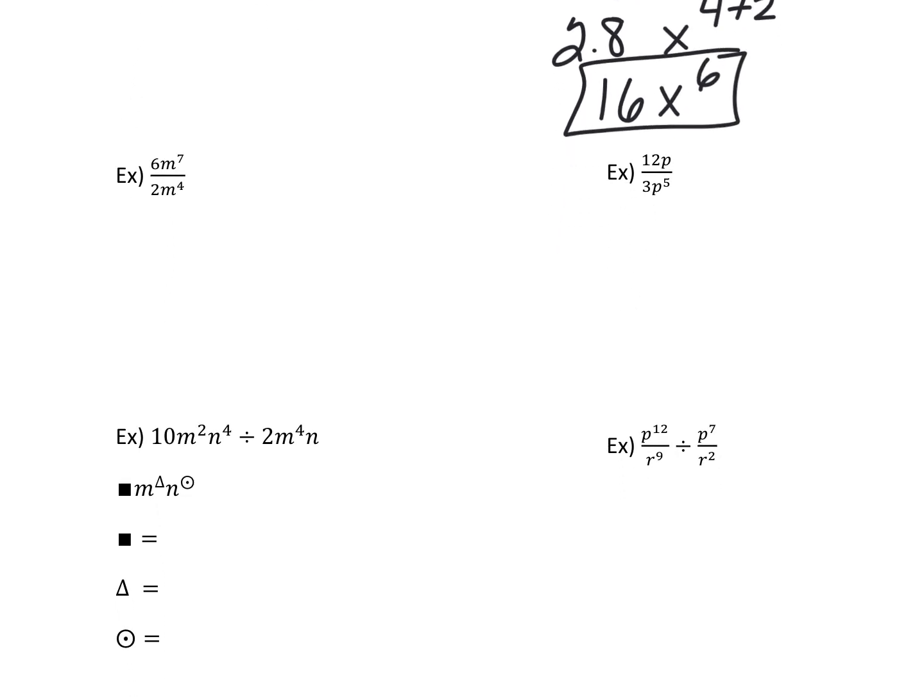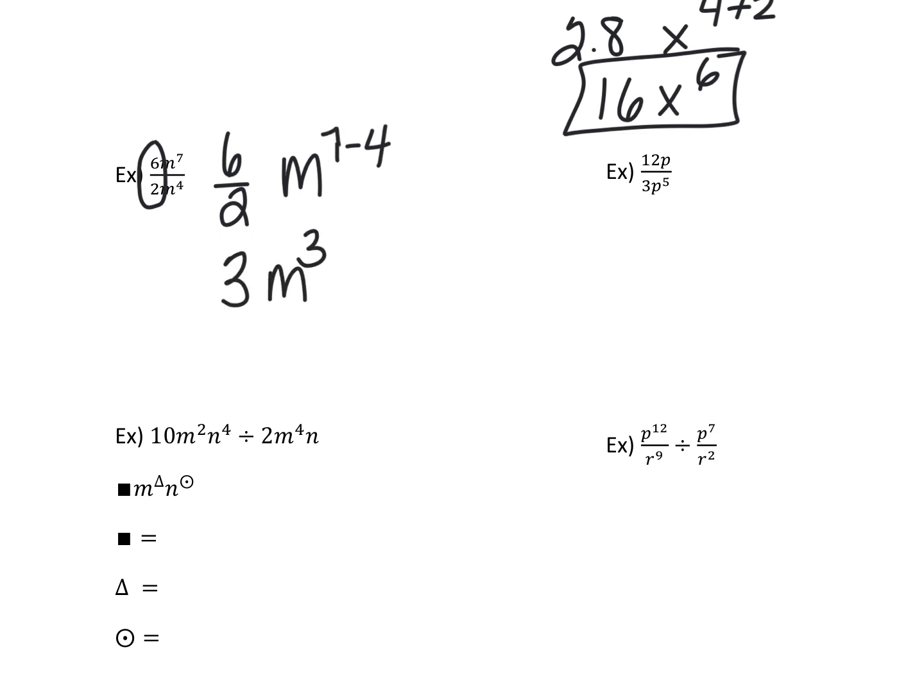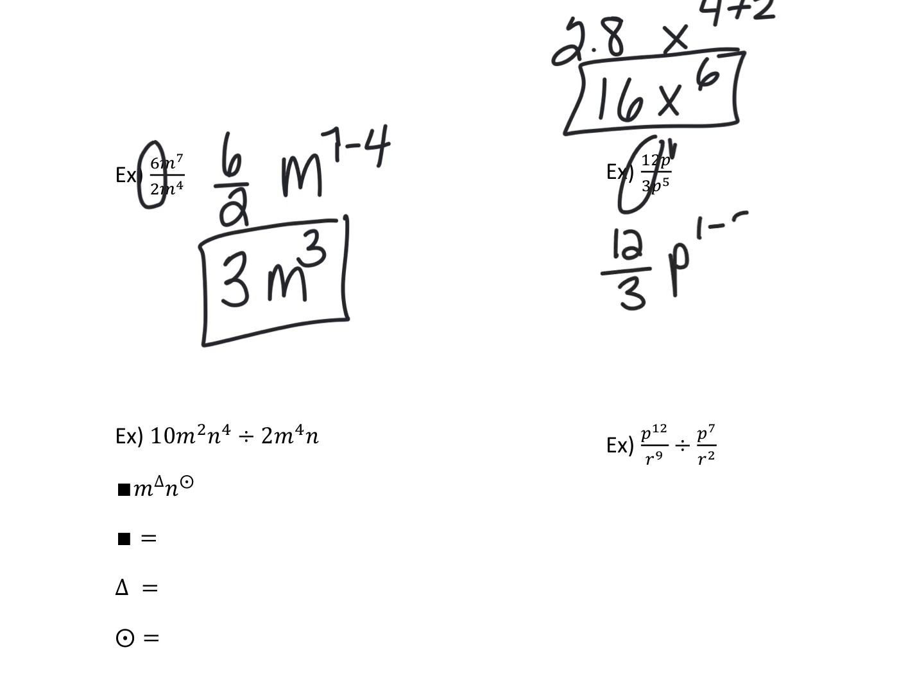When we're dividing, again, regular numbers, regular math. 6 divided by 2, and then 7 minus 4. So 6 divided by 2 is 3. 7 minus 4 is 3. And here as well, remember, put a 1 when you don't have that exponent. So we have 12 divided by 3 and 1 minus 5.